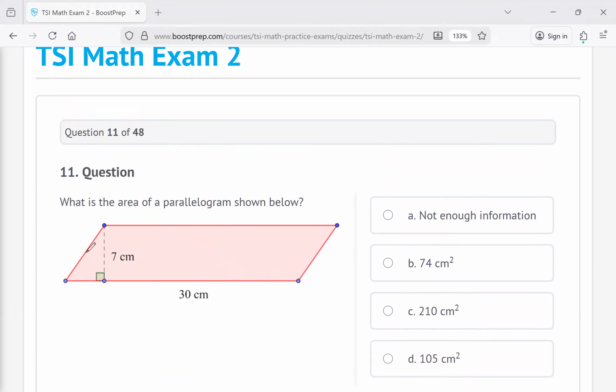What is the area of the parallelogram below? I think this is base times height. Yeah, area of a parallelogram. Let me double check. Or is it not enough information?